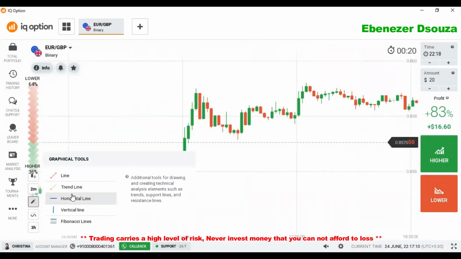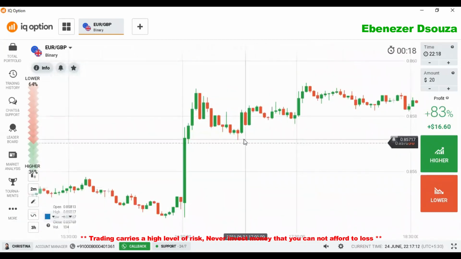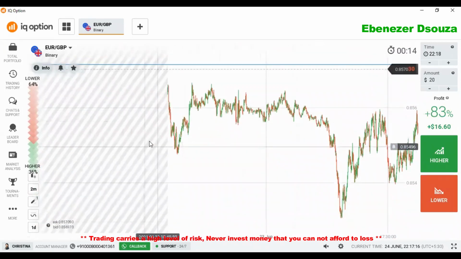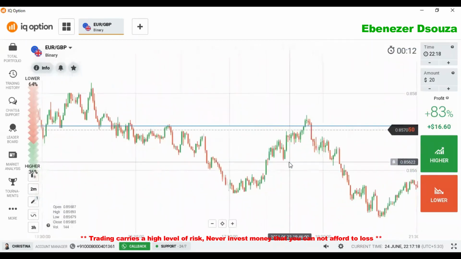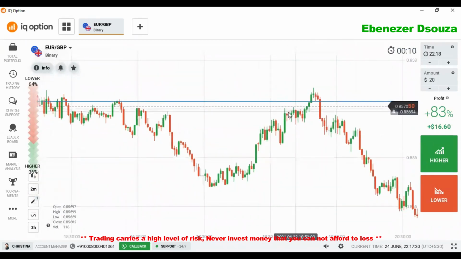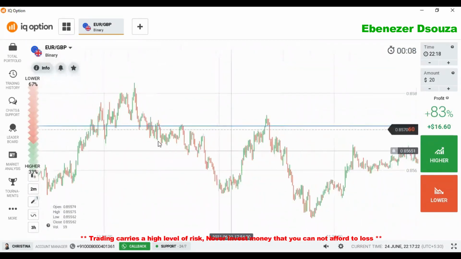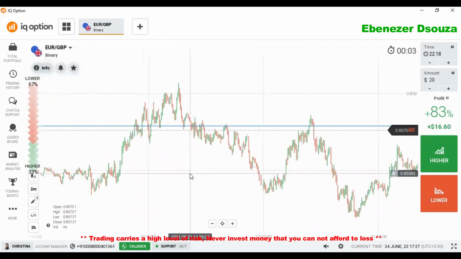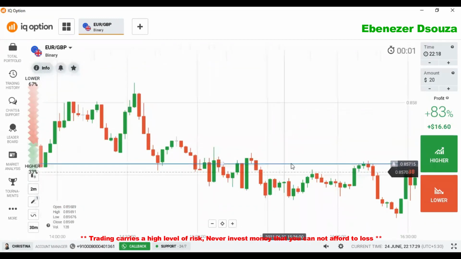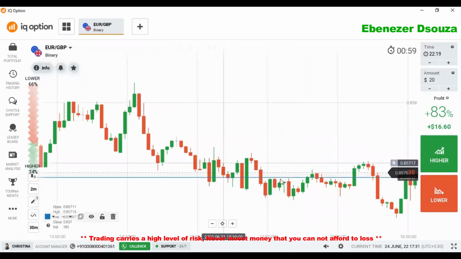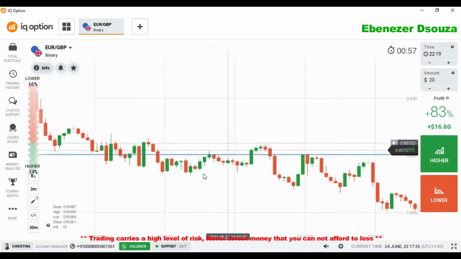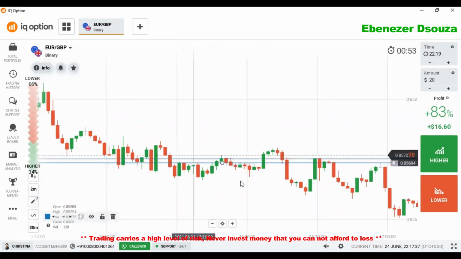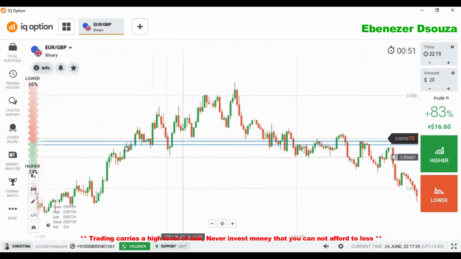So there is a level here. So here as well there is a level. Maybe it's a reversal point. Maybe it was a reversal point previously.